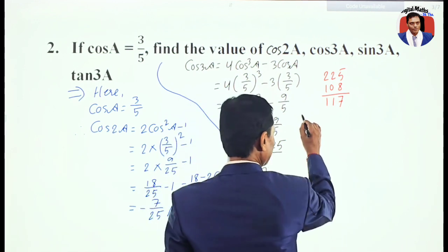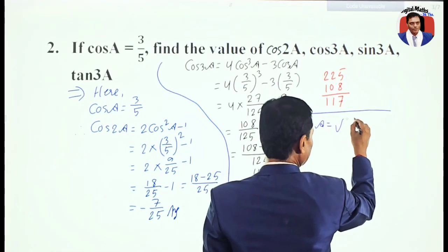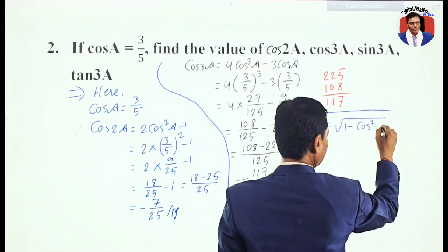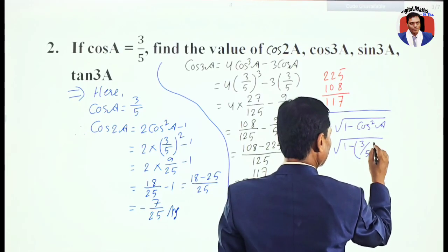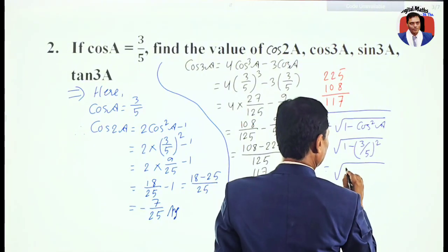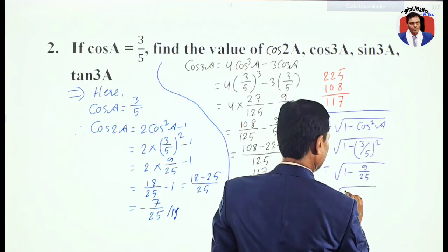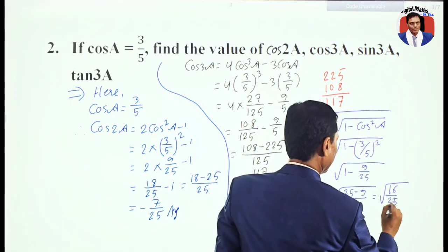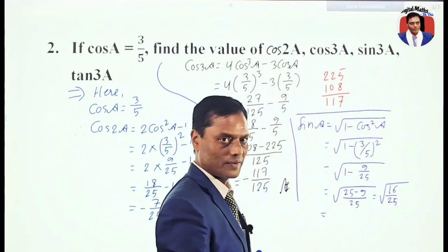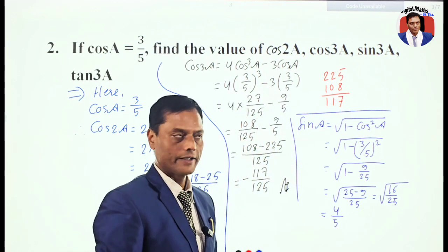So let's get the value of sin a first. Sin a equals under root 1 minus cos square a, that is 1 minus 3 by 5 whole square, that is 1 minus 9 over 25, and that is 25 minus 9 over 25, that is 16 by 25, and the square root of 16 is 4 and that of 25 is 5, so we can write it as 4 by 5. So that's the value of sin a.